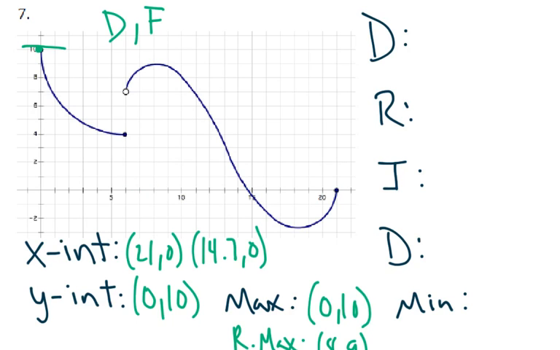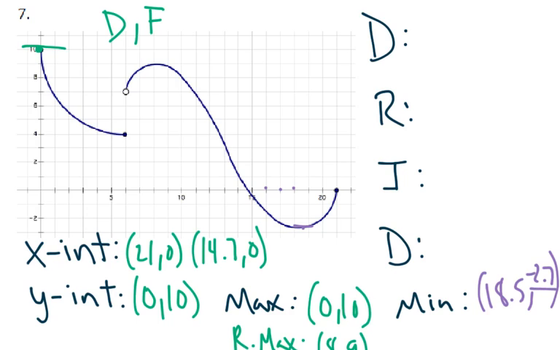So our minimum would be this lowest point here, which would be about right here, so 16, 17, 18 and a half. And we go down to about -2.7. Okay, so that's our minimum.